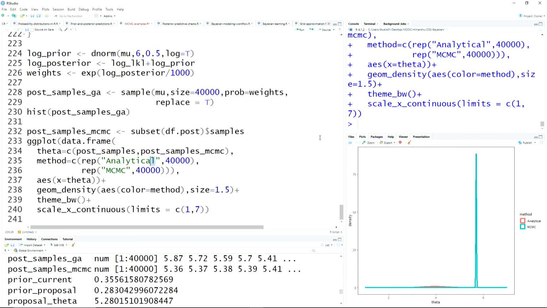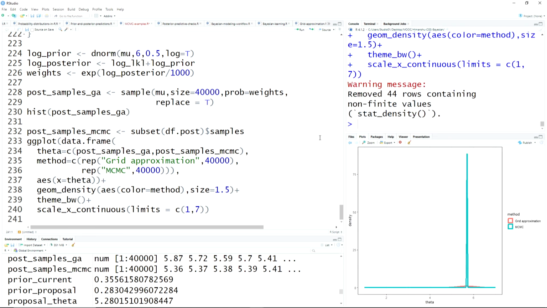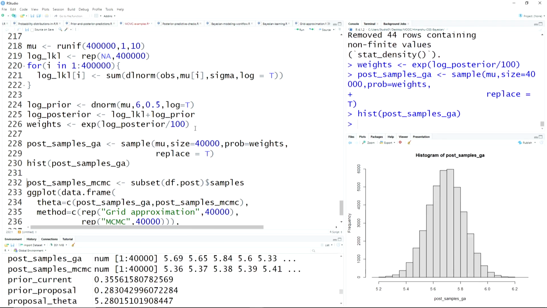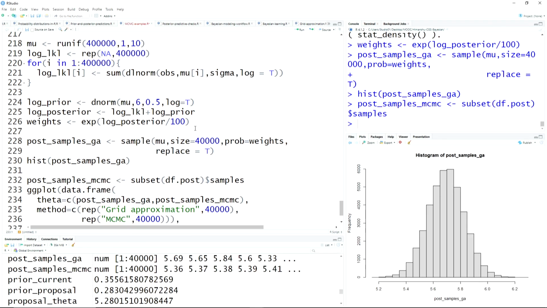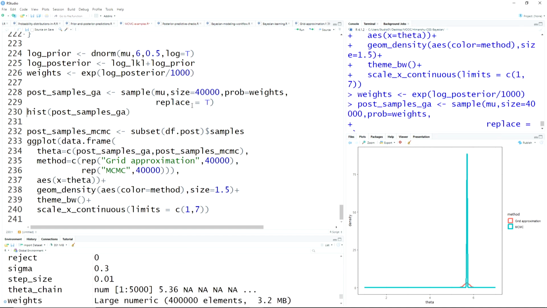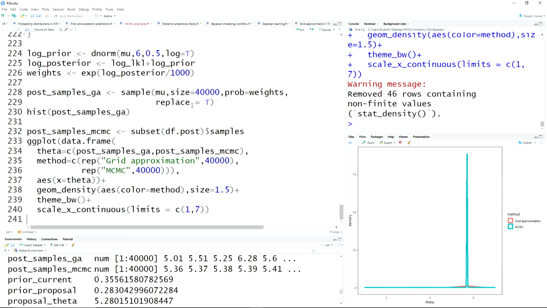Okay. So method is grid approximation. Yes, it seems to look quite different.